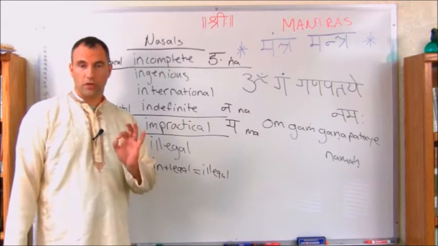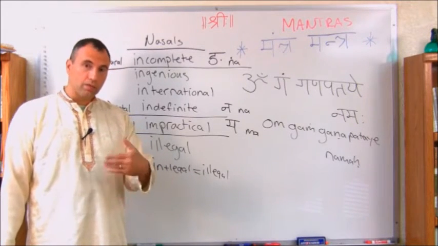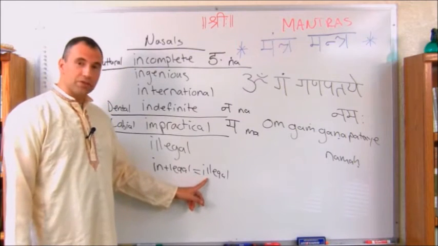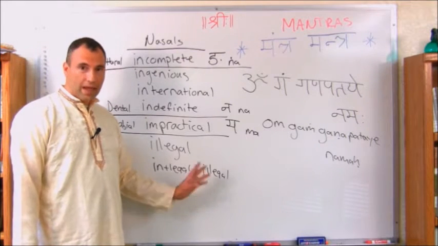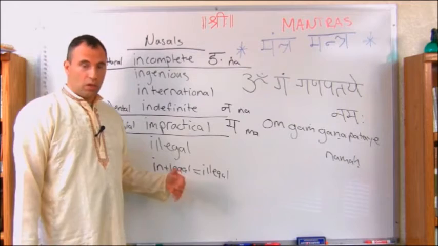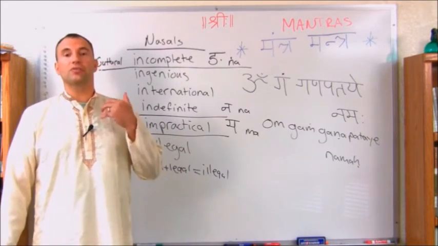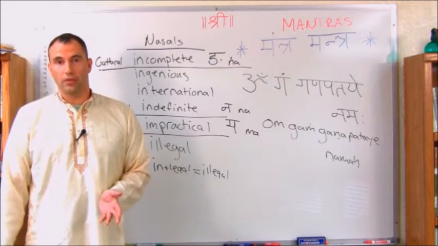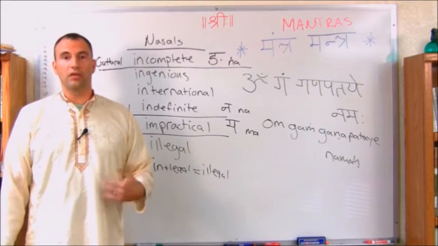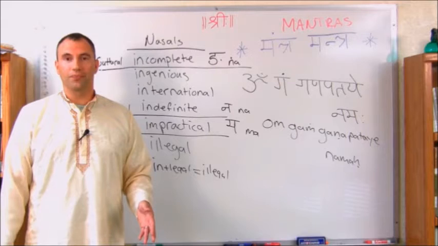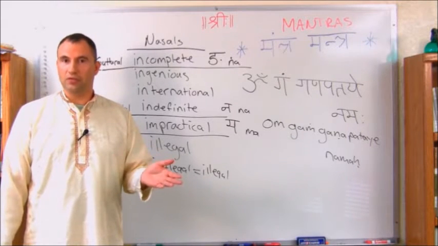We've talked about vowel sandhi and visarga sandhi. This is an example of consonant sandhi, and it happens in Sanskrit as well. So why does it happen in English too? Because this is the way we speak. So instead of saying in legal, right? Say it 7 times fast.